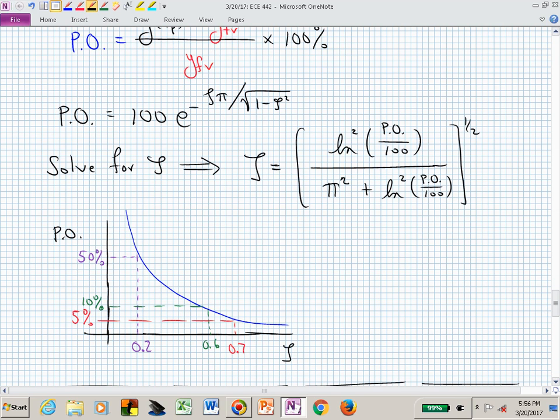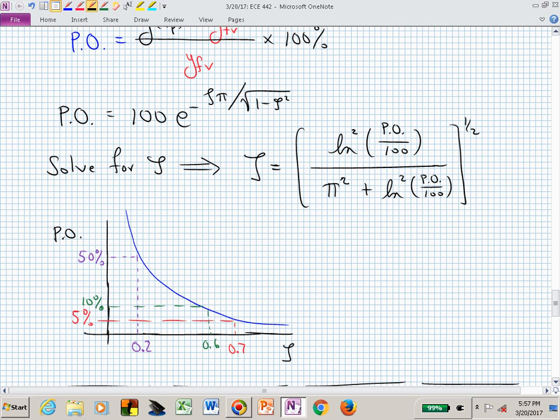Then you can relate zeta and percent overshoot with this curve, where a nice zeta value gives you a 5% overshoot, and that nice zeta value is 0.7. I will relate that zeta value to the angle in the S-plane of those complex poles.